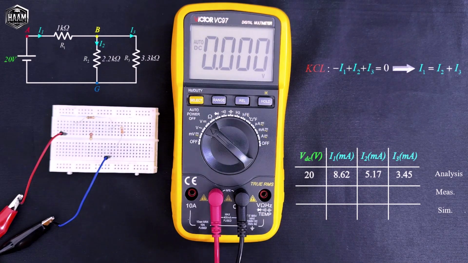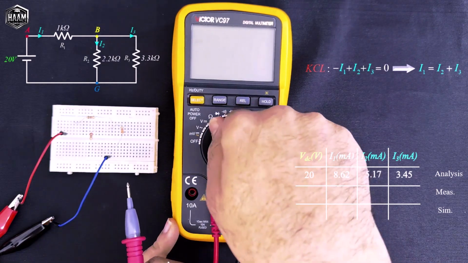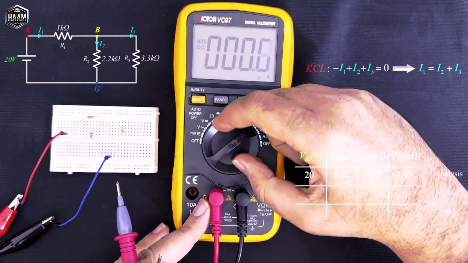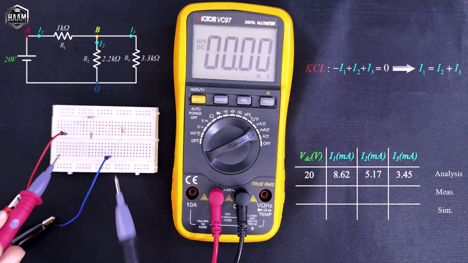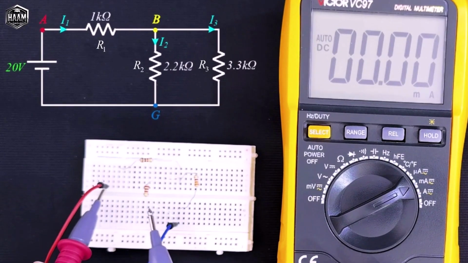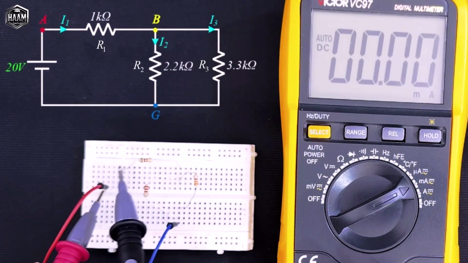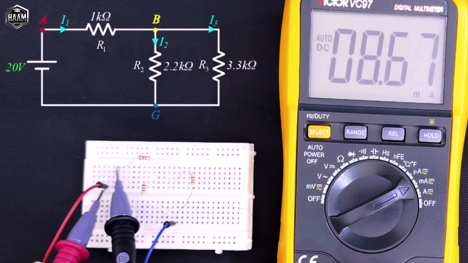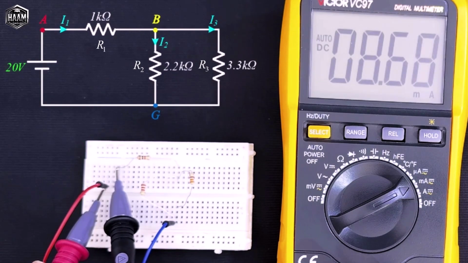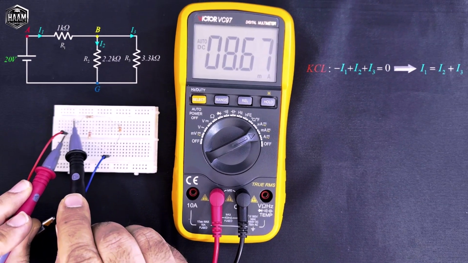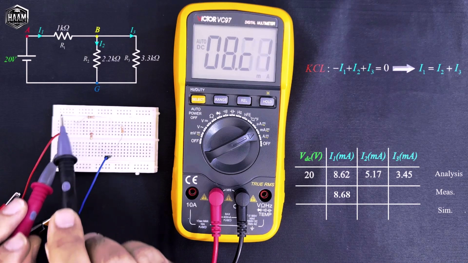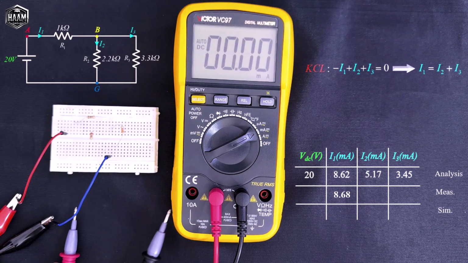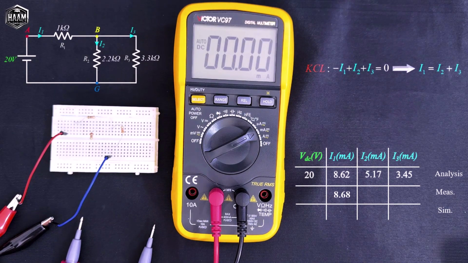Now I can connect the multimeter across these two ends. It becomes in series with the component and the current is measured. In this case, 8.68 milliamperes was the current through resistor R1, that is I1.